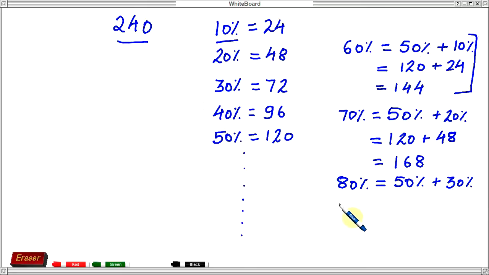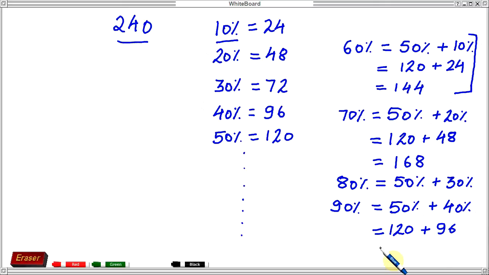Even 90%. 90% can be seen as 50% plus 40%. Neither of which are difficult to calculate, because 50% is half of the number, which is 240, half, which is 120. 40% is nothing but 4 times 10%, which is 24, which will be 96.